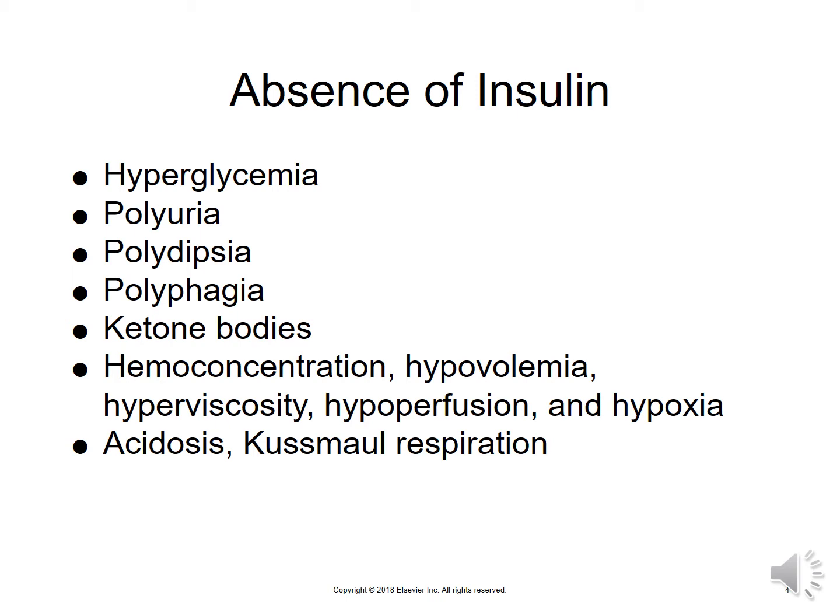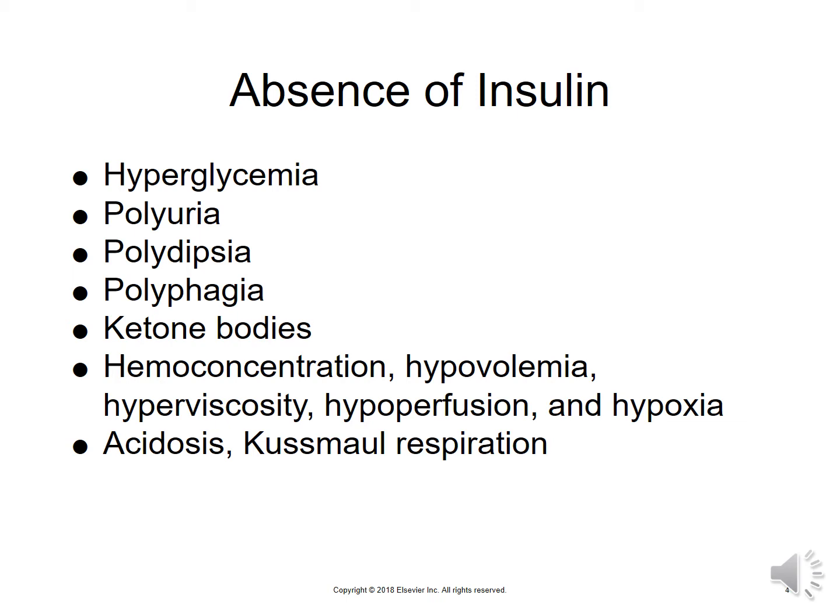Okay, so to recap, without insulin, we have hemoconcentration because of dehydration. Dehydration means all of the water is out, so all of the contents of the blood are concentrated. You have hypovolemia, again, because of all of the water being out. We have hyperviscosity. That just means the blood is thick because it doesn't have enough fluid in it. It's just got the cells.